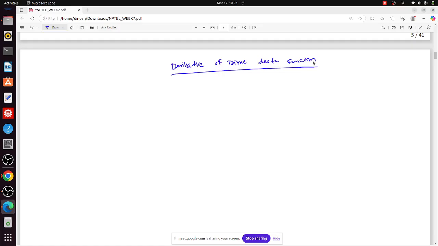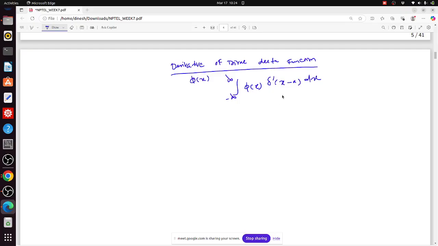Given some arbitrary function phi of x, let's take the integral from minus infinity to infinity of phi of x delta prime of x minus a dx.